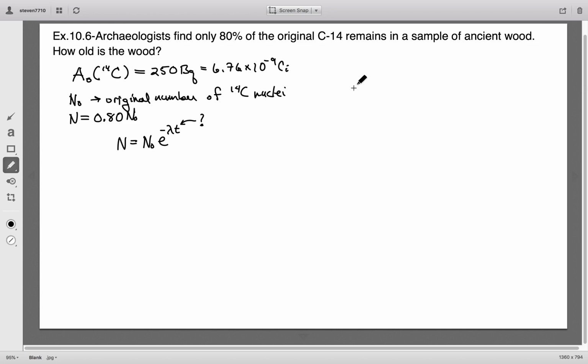Let's just remember, lambda is 0.693 over the half-life, and that half-life is 5730 years.